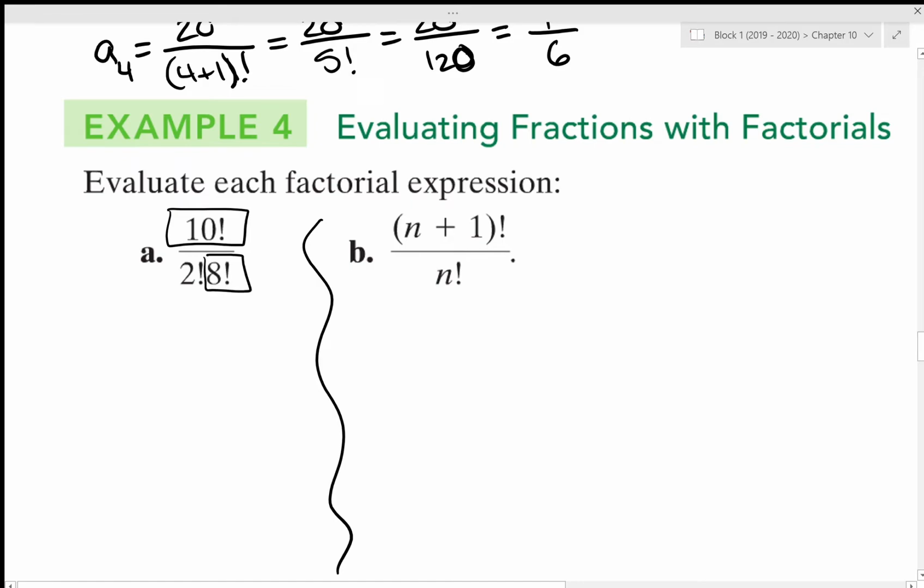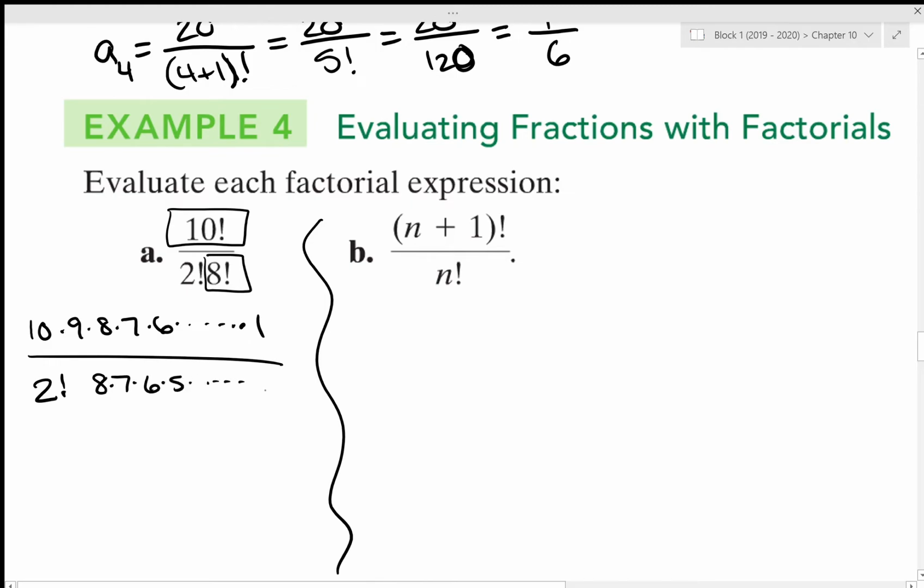So think about 10 factorial. It is the same as 10 times 9 times 8 times 7 times 6 all the way to times 1. Now, the 8 factorial is 8 times 7 times 6 times 5 all the way to times 1. So if you think about it, all of this is the same.